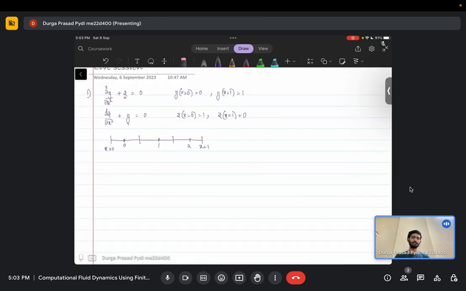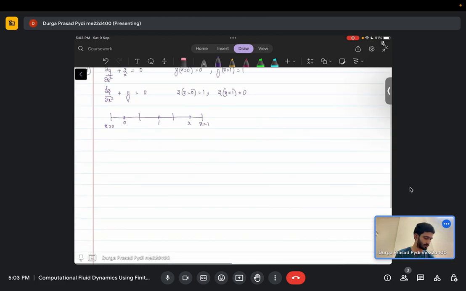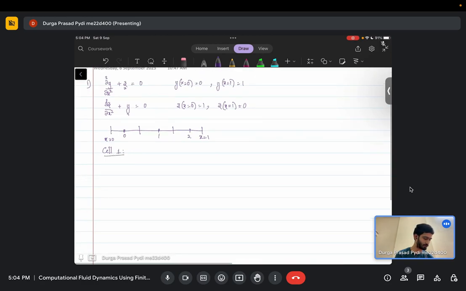Now let us discretize equation 1, for cell 1. If we discretize it, the equation will be (y2 minus y1) by delta x minus (y1 minus y0) by delta x, plus the integral of z dx, which will be z calculated at the center node of that particular cell times delta x, equals 0.